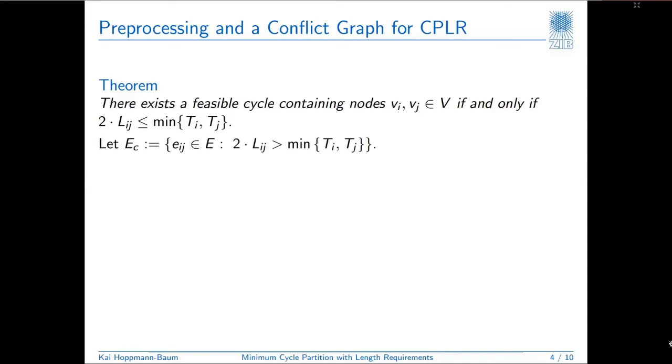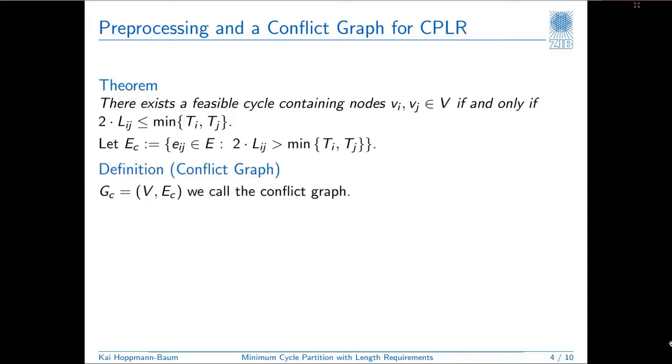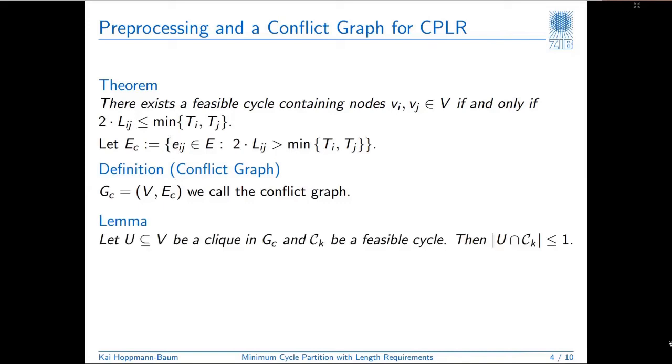And what we define now is a conflict graph. We say that GC consists of the vertex set V and the edge set EC. So this is the conflict graph. There is an edge between two vertices in this conflict graph if they cannot be contained in a common cycle. And this already directly gives rise to the following lemma.